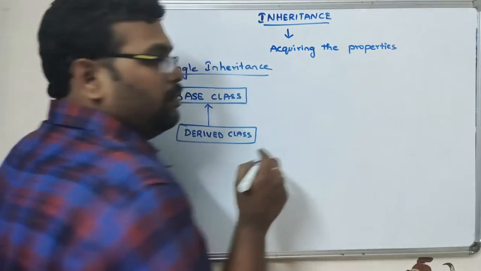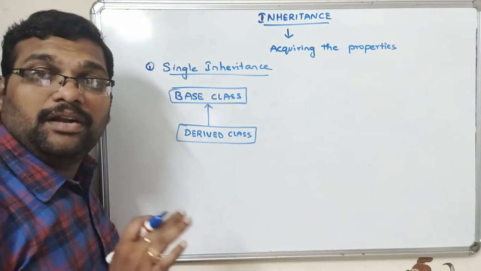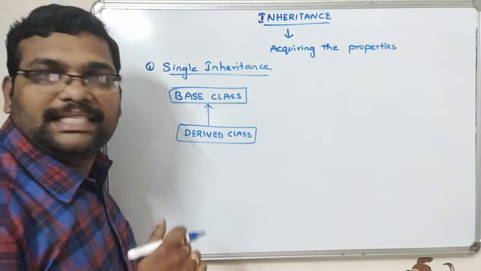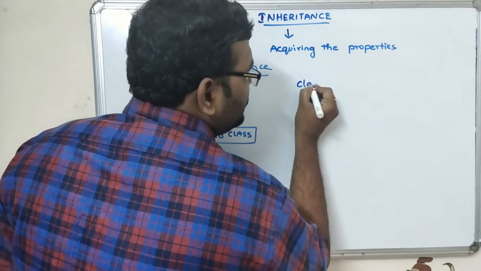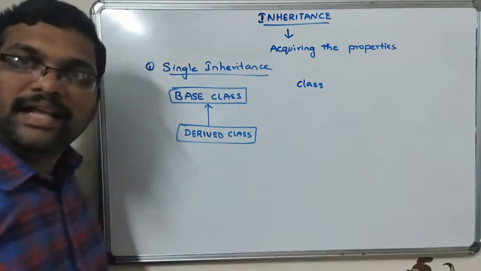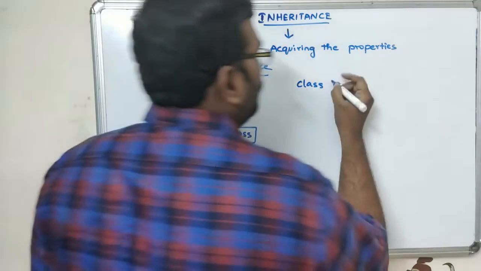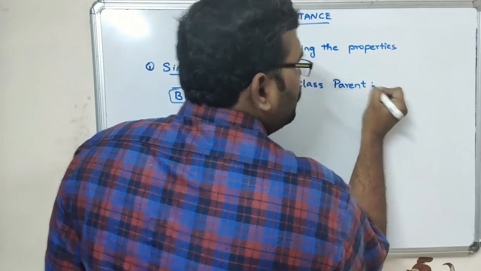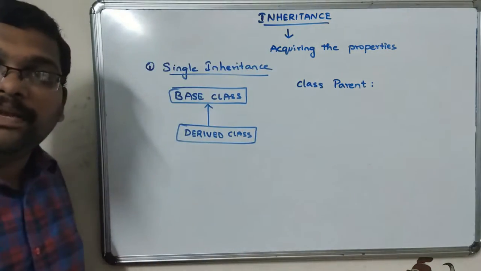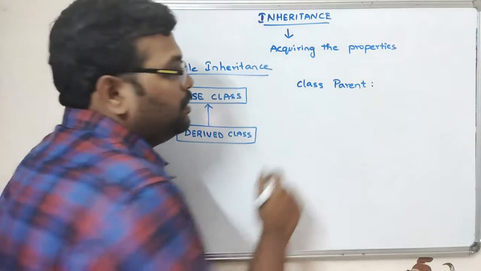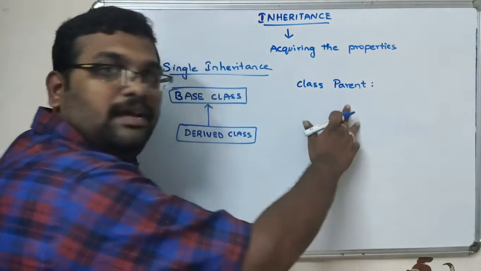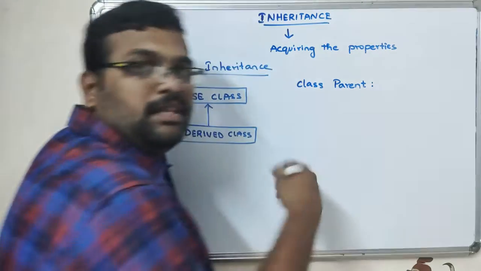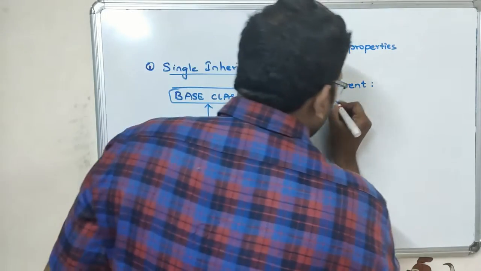Now, in order to create a class we have to use the class keyword, followed by the class name. Here we are writing it as Parent. Then indentation, and here we can write the variables or methods. I will write just a method.